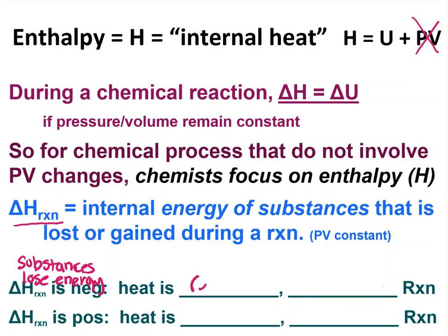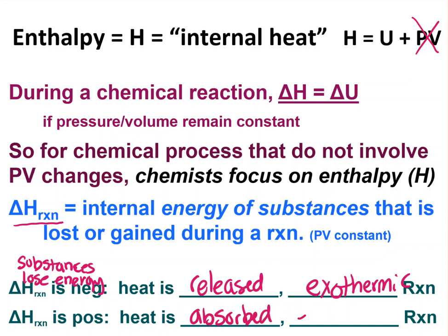Then heat is released, and the reaction is exothermic. If the substances are absorbing energy, then the reaction is endothermic. So again, get it in your head that when we say enthalpy, we're talking about the substances and how much is stored in them as chemical potential energy.